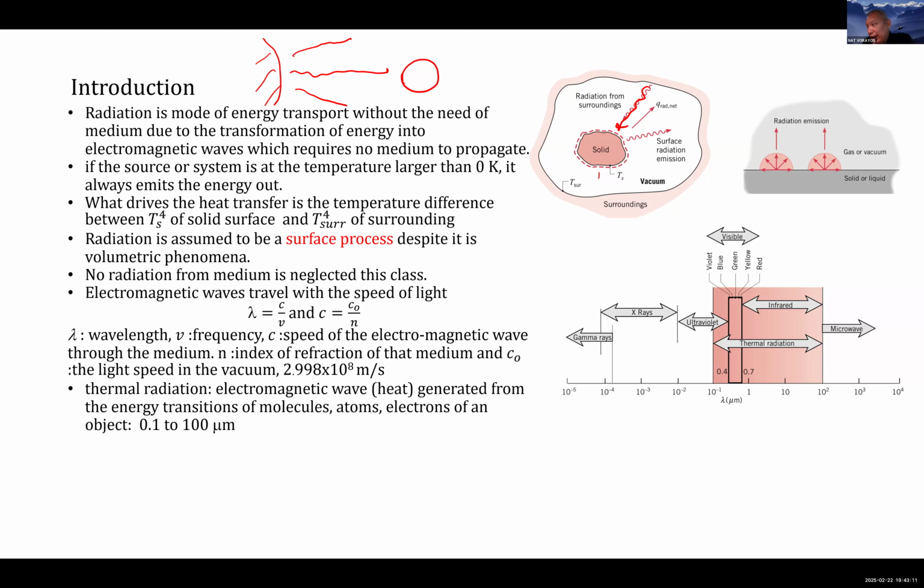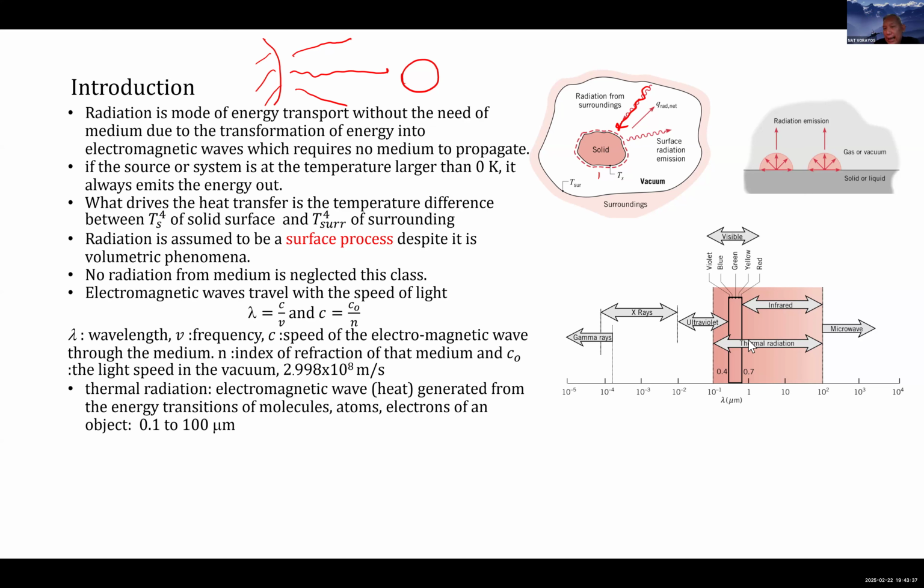The thing that you cannot see doesn't mean that it is at 0 degree Kelvin. It might have some temperature. You cannot see it because it does not emit energy in the visible wavelength, which your eye is sensitive to.